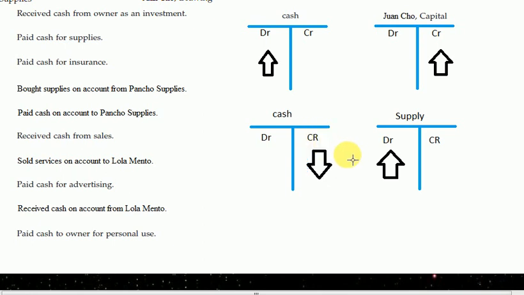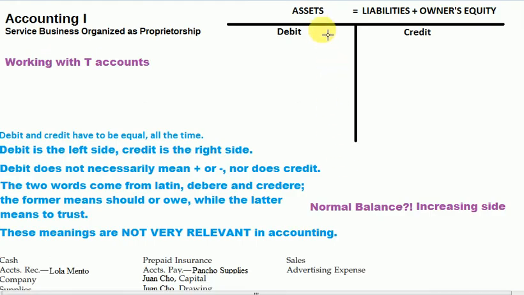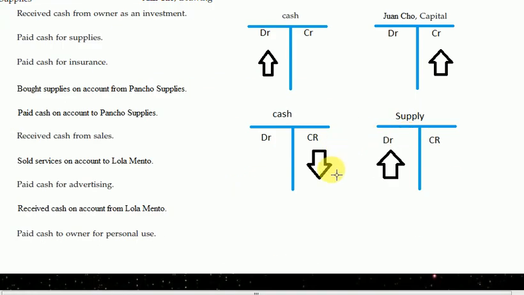If the increasing side of an asset is debit, then the decreasing side will be credit. We're talking about assets here. Since an asset is on the left, it increases on the debit side. In other words, the credit side means that it decreases. So cash decreases, supply increases, both of them are assets, and they are equal.